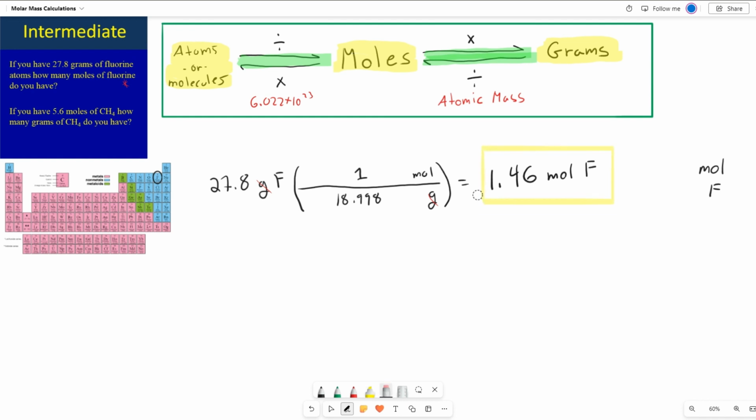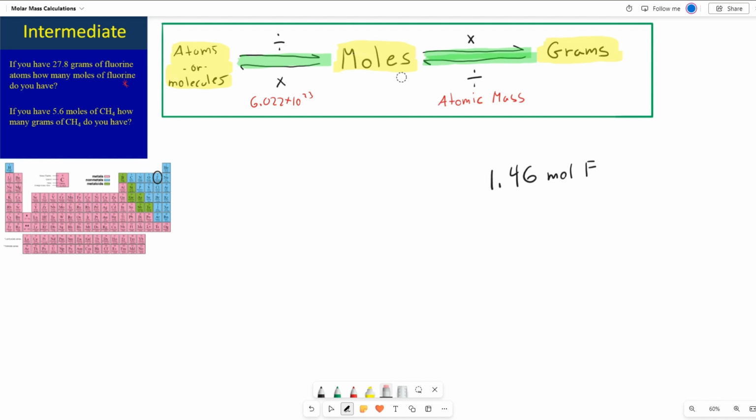So now, if we take a look at another problem, this one's going to be going in reverse. We're going to start with moles and go to grams. And it's going to be a little bit more complicated because instead of giving us an individual atom, it's going to have us go from moles to grams using a molecule. So the second problem says, if you have 5.6 moles of CH4, how many grams of CH4 do you have?